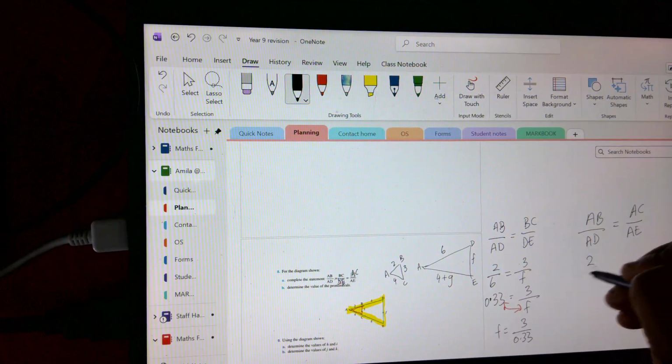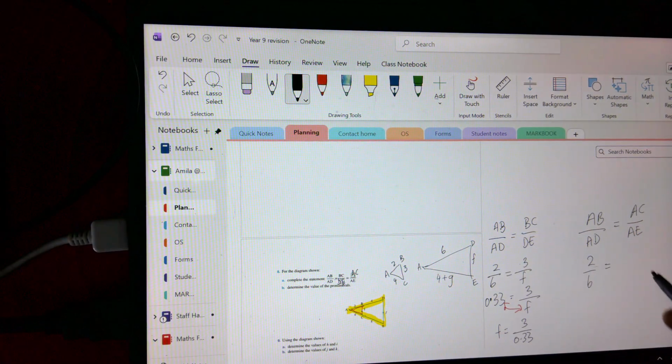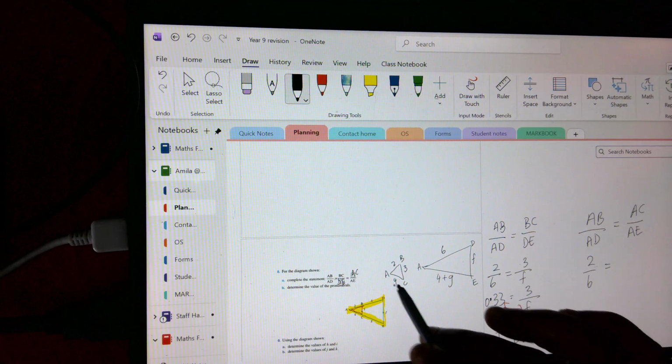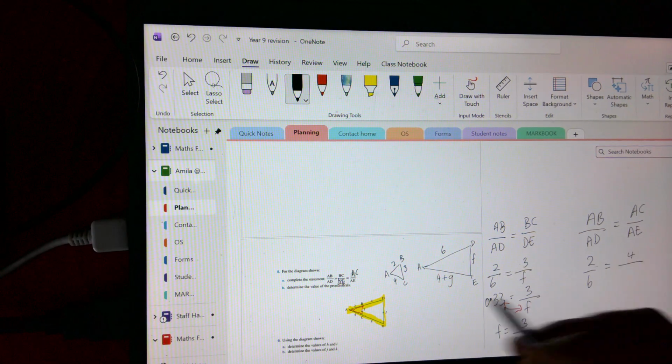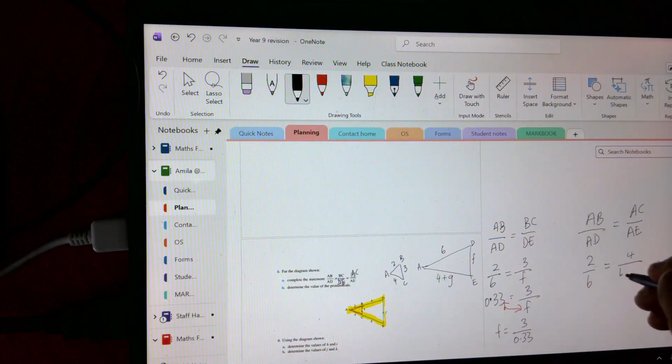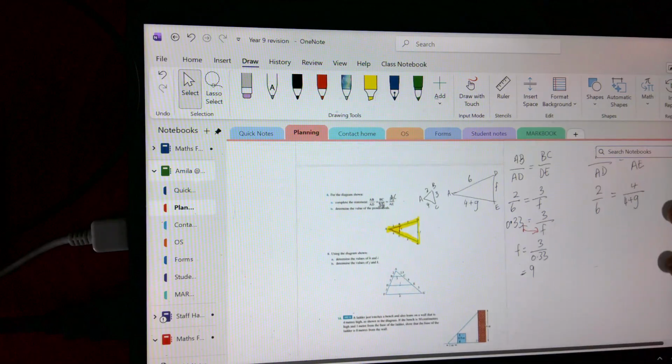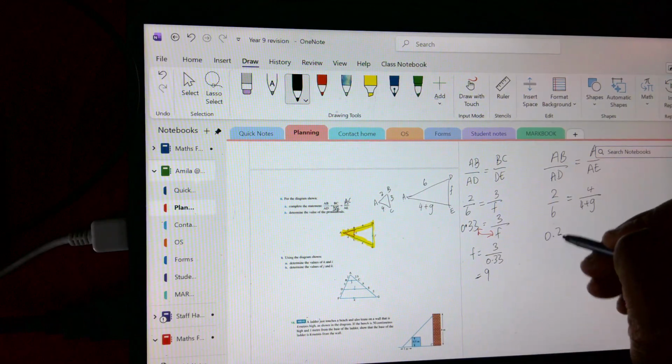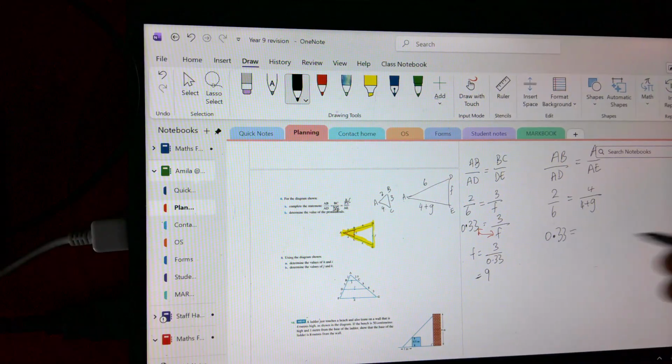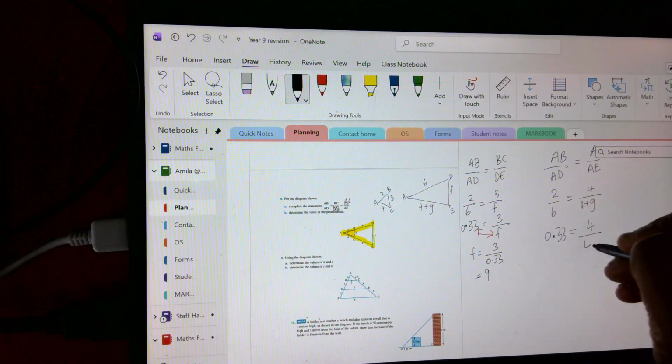And again, we know this is 2/6. We know AC is 4. And we know AE is 4 plus G. Again, we know 0.33 is what 2 divided by 6 is. And then we know it's equal to 4 plus G.